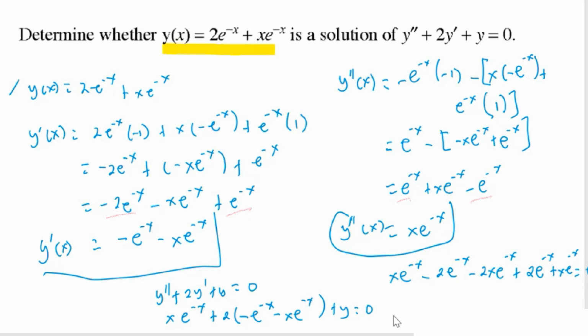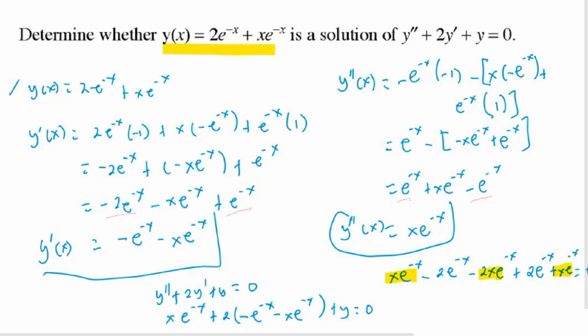Now let's try combining like terms. We have xe to the power of negative x, and another xe to the power of negative x; the sum is 2xe to the power of negative x, minus 2xe to the power of negative x, which is now 0.